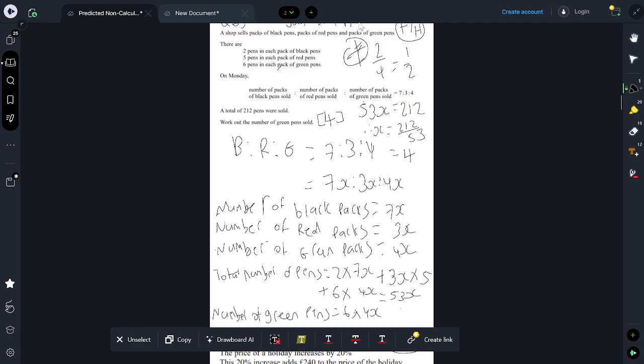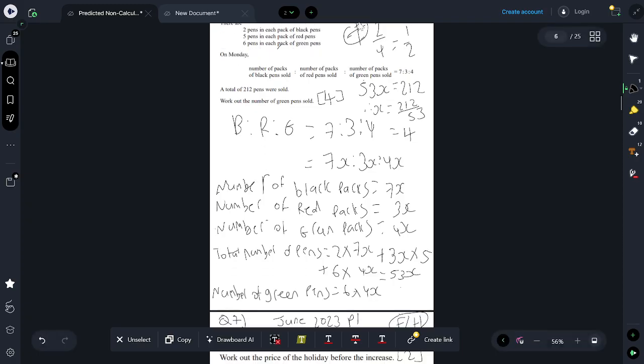But actually, we know what x is now, it's 4. I'll box it here. So 6 times 4 times x, well, 4 times 4 is 16. So now we need to work out 16 times 6.